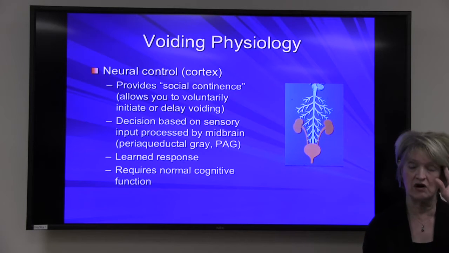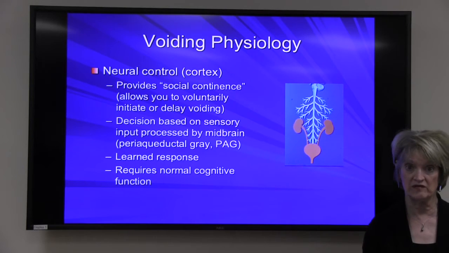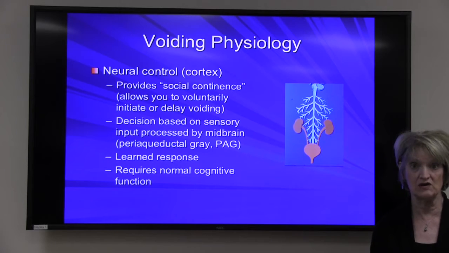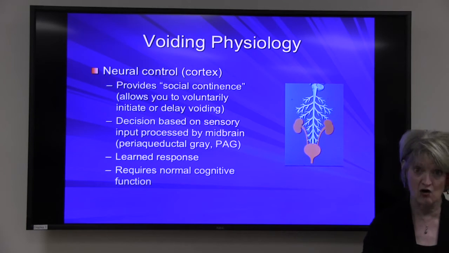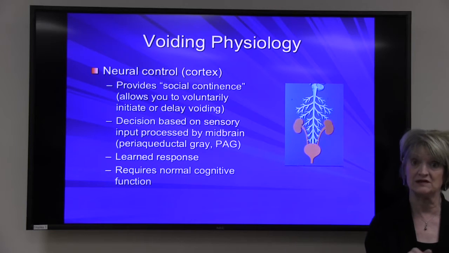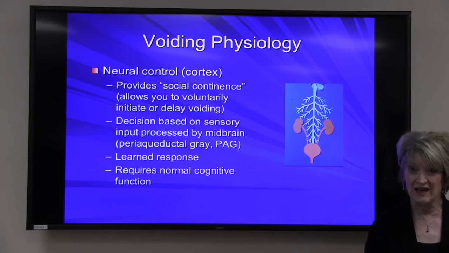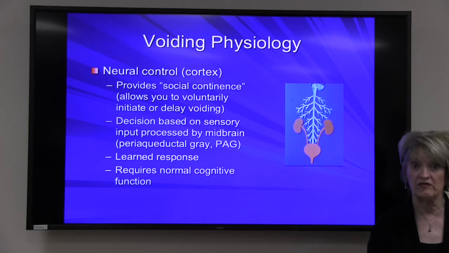For example, if you go for a physical exam and they say, give me a urine specimen, and you just voided 40 minutes ago, most of the time you can give that urine specimen because the cortex can activate the pathways, or hand off to lower level structures that activate the pathways, that make the bladder contract. If the cortex is in control, you can also delay voiding when you are very full.